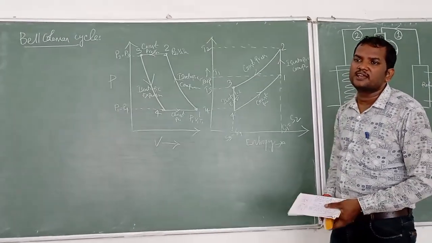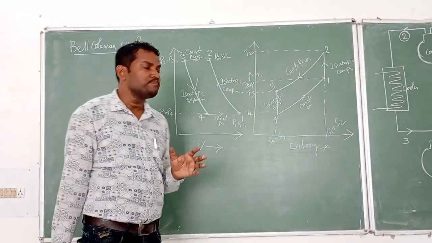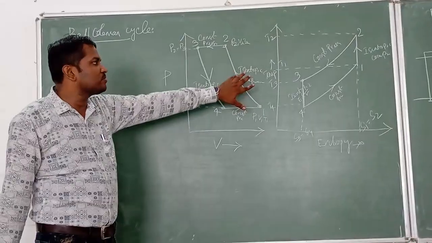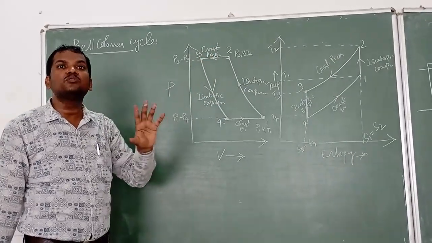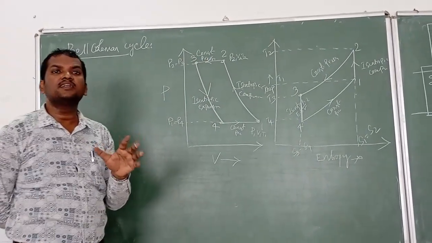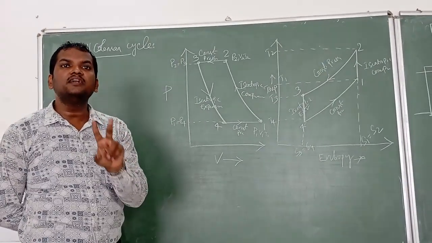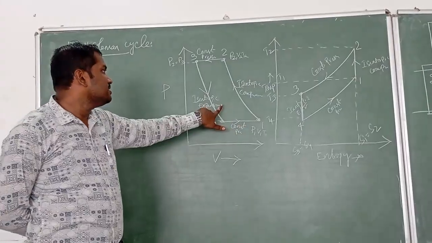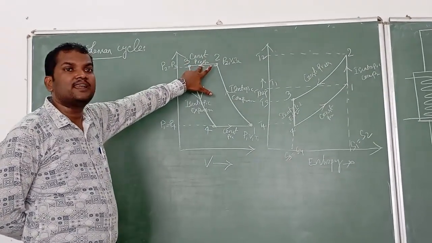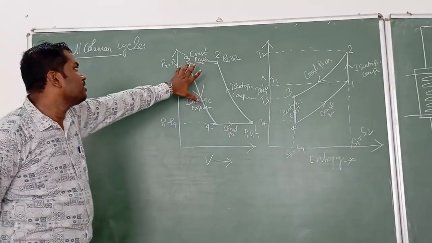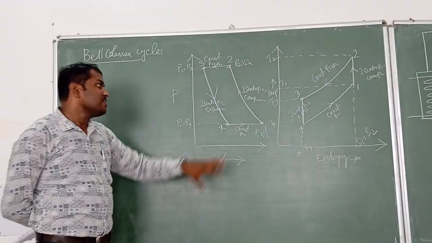So in this cycle, the Bell-Coleman cycle or reverse Brayton cycle or reverse Joule cycle, there are two isentropic processes and two isobaric processes. In a reverse Carnot cycle, there are two isothermal processes and two isentropic processes. Here the two isentropic processes remain, but instead of isothermal processes there are constant pressure, or isobaric, processes.